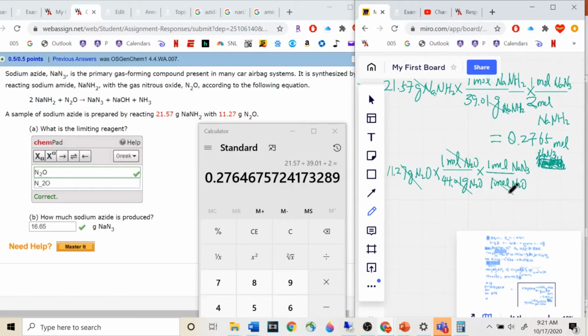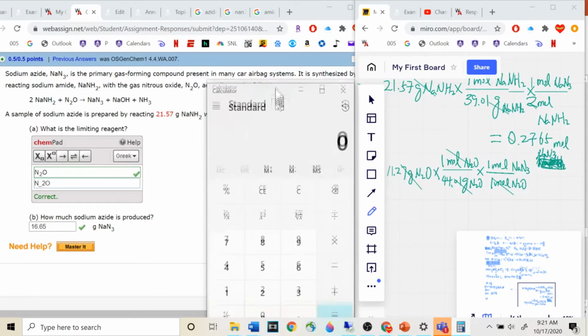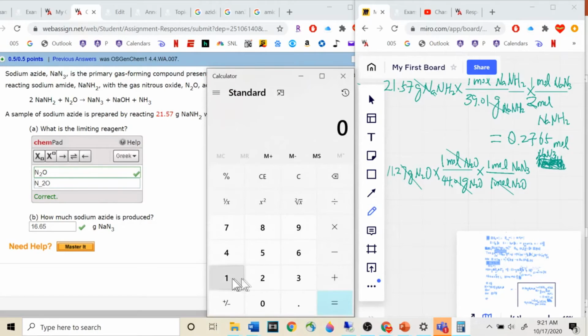Let's use the calculator again. We start with 11.27 divided by 44.01.